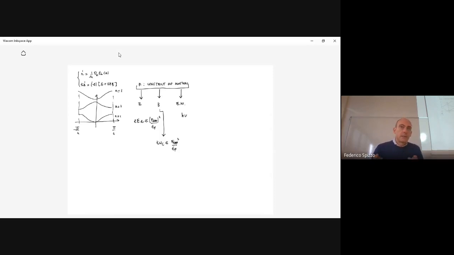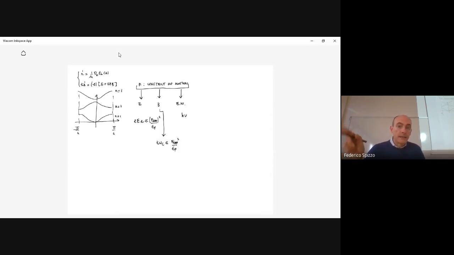You may estimate the energy of a photon by multiplying the Planck constant by the frequency of the external wave.